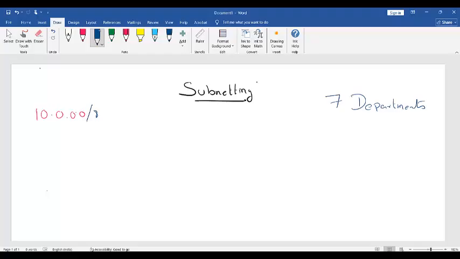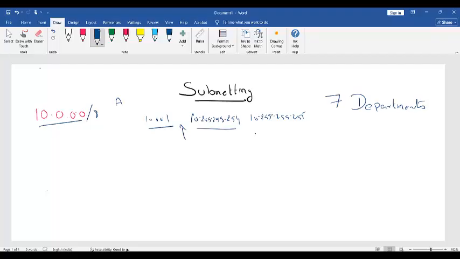If you don't do subnetting, this is only one network, and as we said in the previous class, this is class A and the first IP is 10.0.0.1. The broadcast is 10.255.255.255 and the last one is 10.255.255.254. So this is the first IP and then in the middle there are millions of addresses.